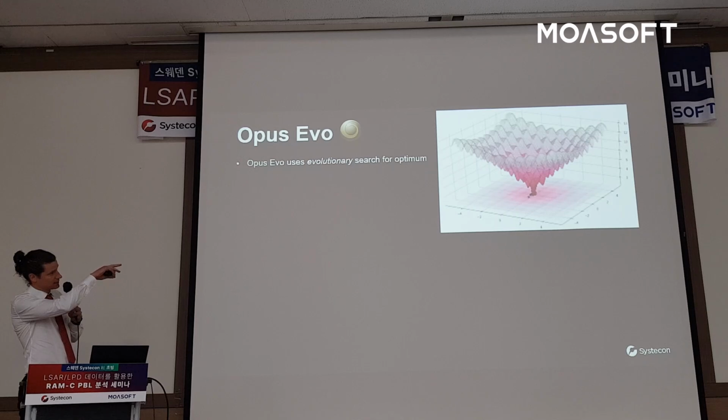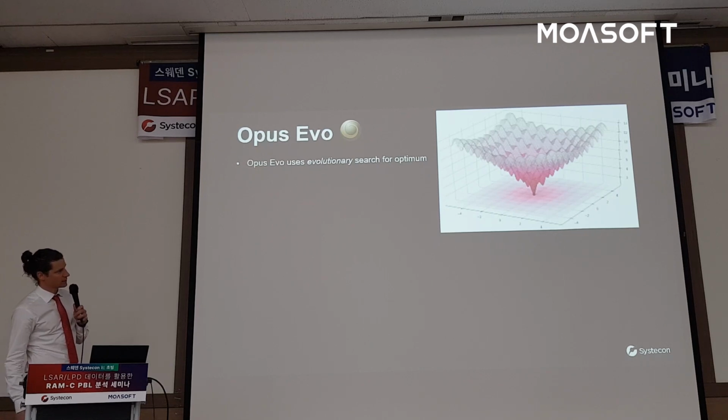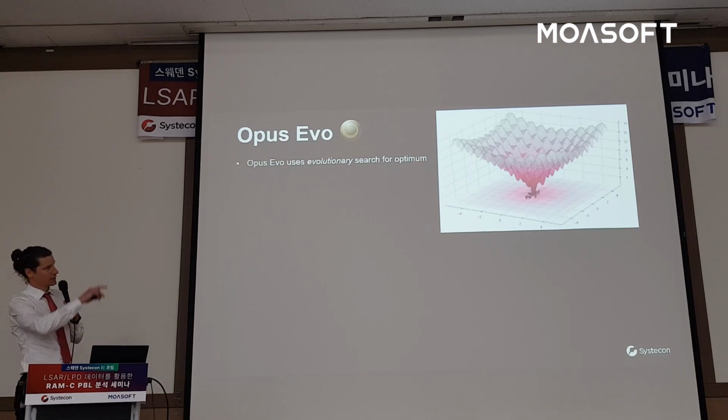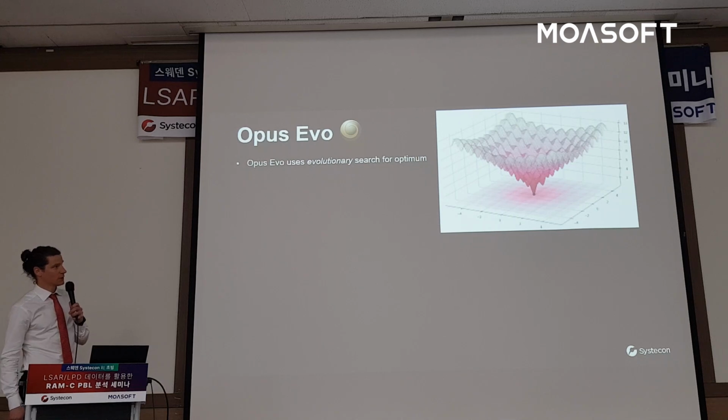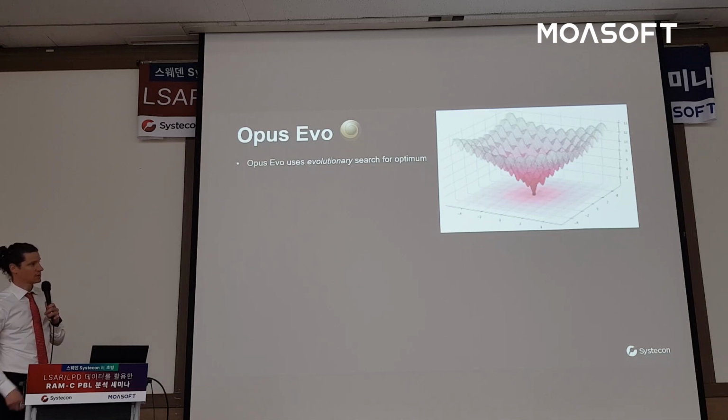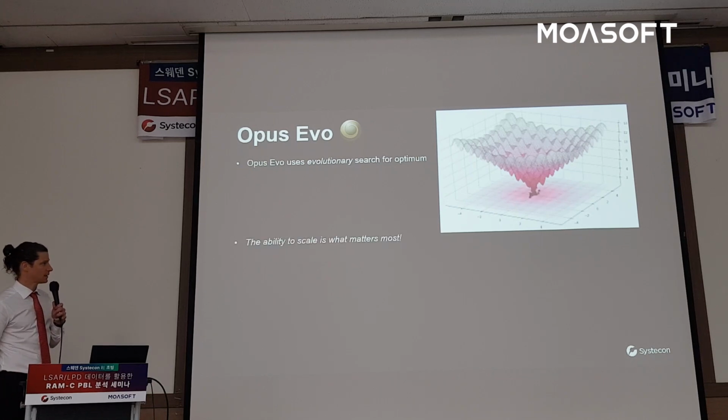You want to minimize this function, you want to get as low as possible on the surface. With analytical approaches, it's very hard to find a solution to such a problem because there are so many local minima. But with an evolutionary approach, we don't get stuck, and we can continue finding that global optimum as well.